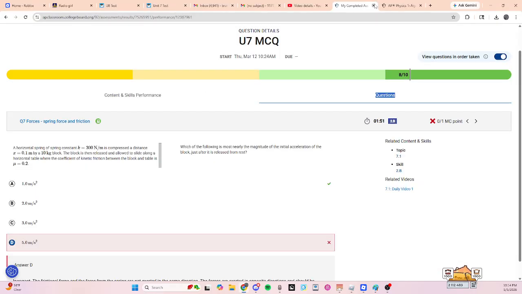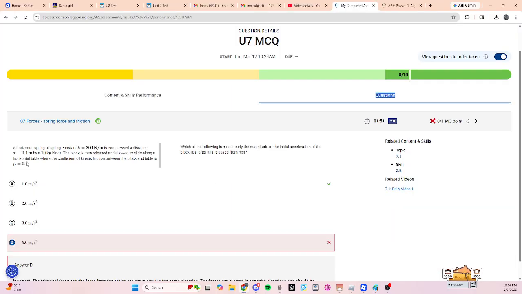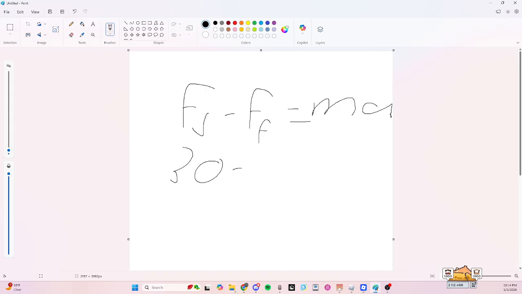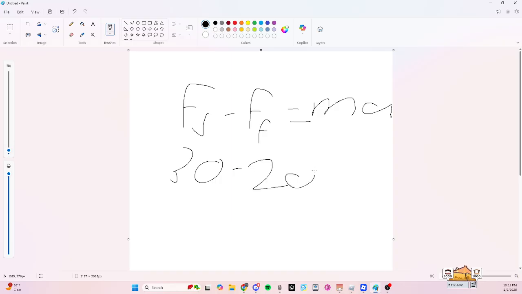And then the force of friction is mu times FN. FN is equal to mg because it's not moving up or down. So it's mu mg, and g is 10, m is 10, mu is 0.2, so that's 20.